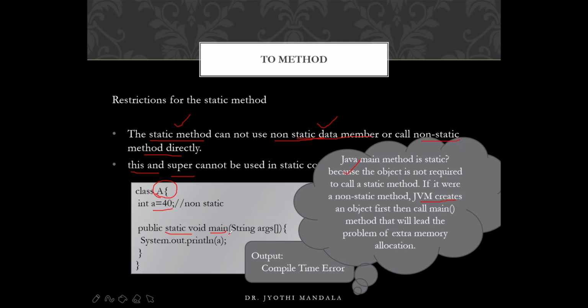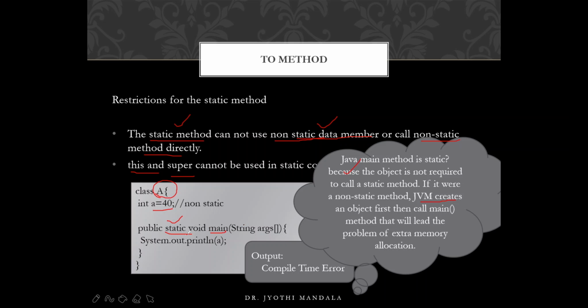Always, Java program execution starts from the main method only. Now the main method has to be called without creating any object, because the first time you call the main method, no object has been created. To achieve that, we made this main method a static method by simply putting a static keyword in front of it. So there is no need to create any object to call this main method.